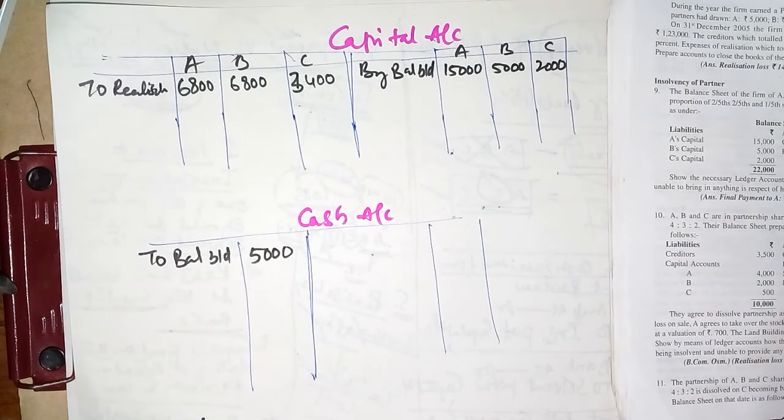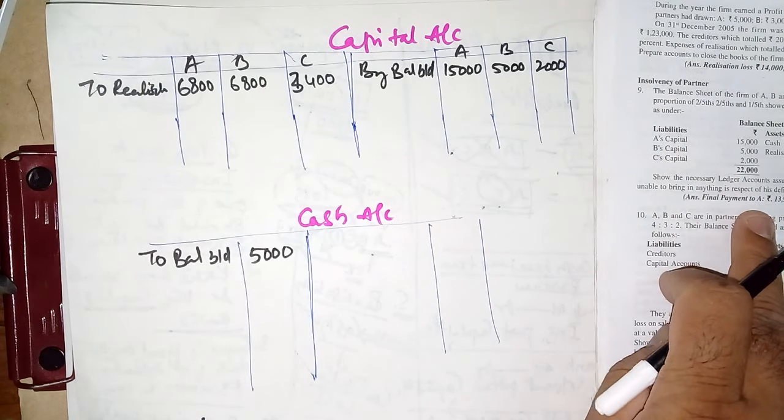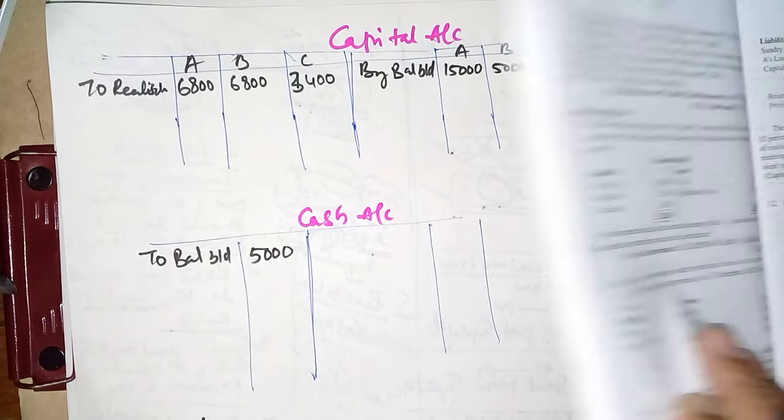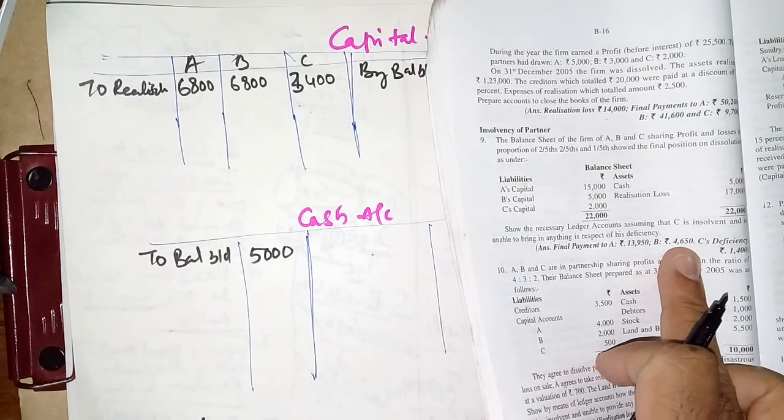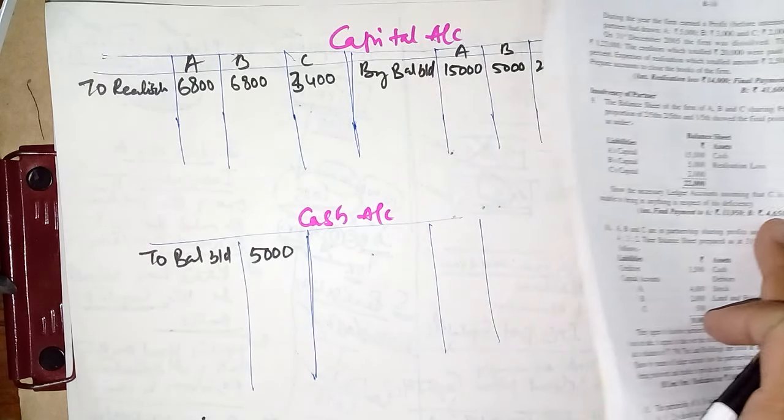Once this is done, what we need to do next is see whether we are going to receive anything from the estate of the partner. No, we are not going to receive anything from the partner's estate. Then we need to see how much loss.